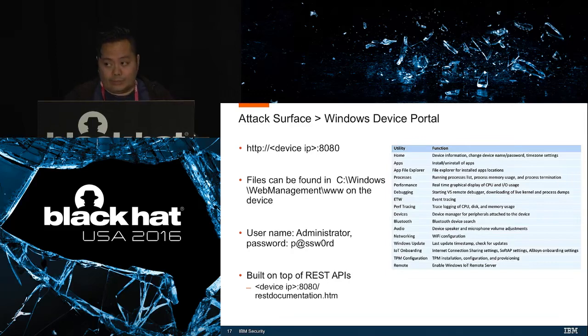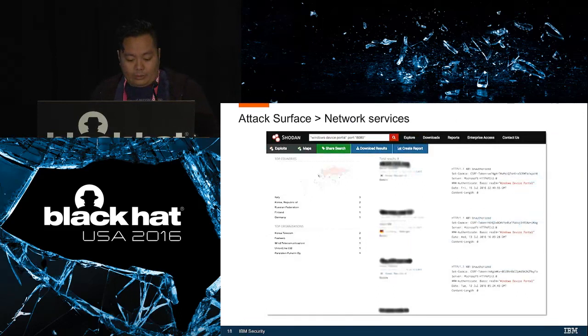So for example, an attacker can use Shodan to search for devices running an HTTP server on port 8080 that returns a banner containing the string Windows Device Portal, which is returned by the Windows Device Portal when you connect to it. That Shodan search will yield a result similar to this.